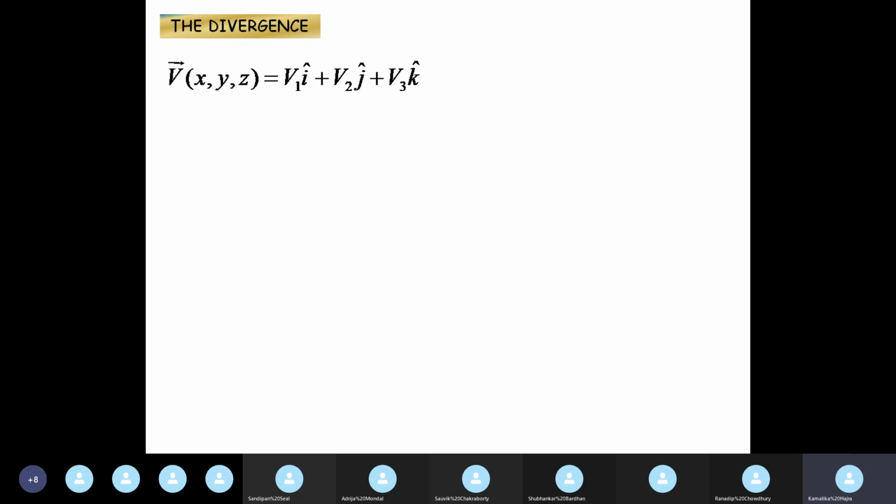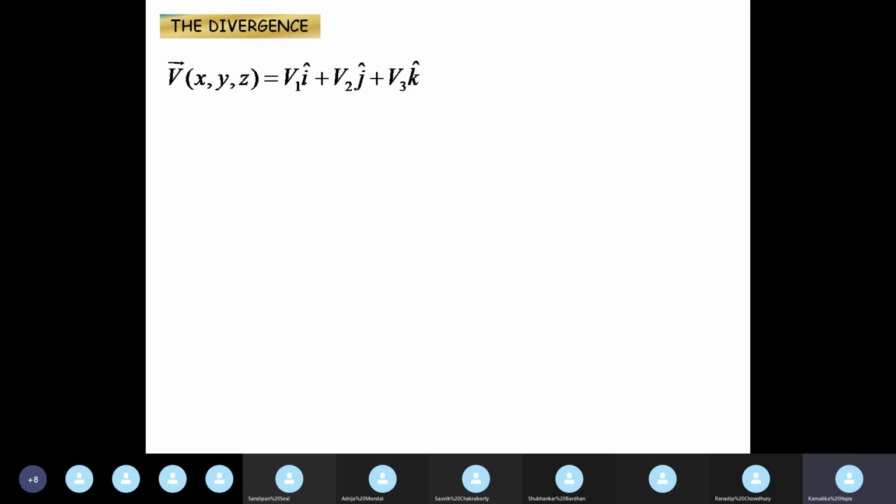So we will discuss first the mathematics, how to find the divergence of a given function, and then the physical significance of divergence, to understand why the operator is converting a vector into a scalar.